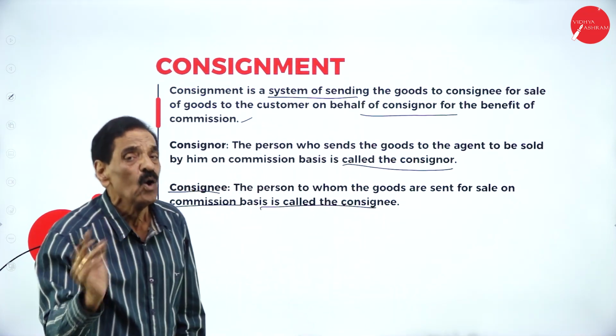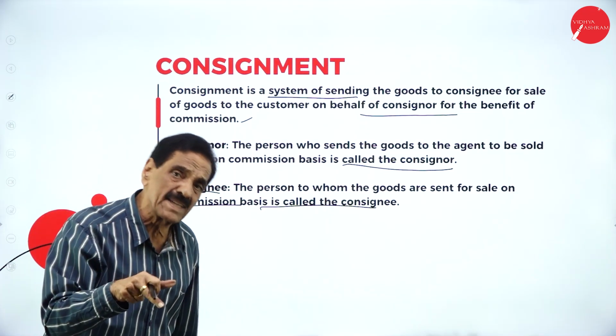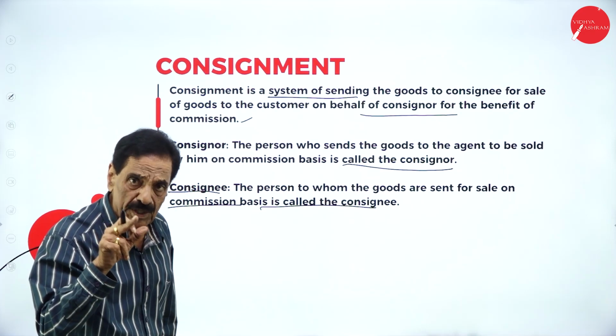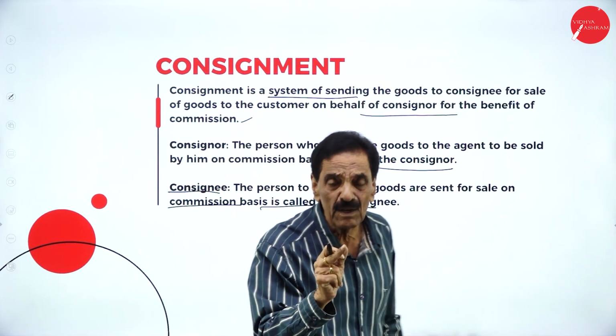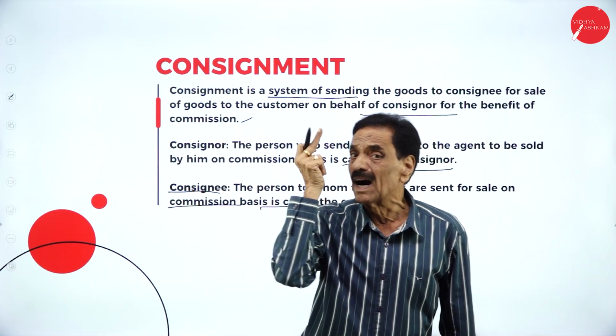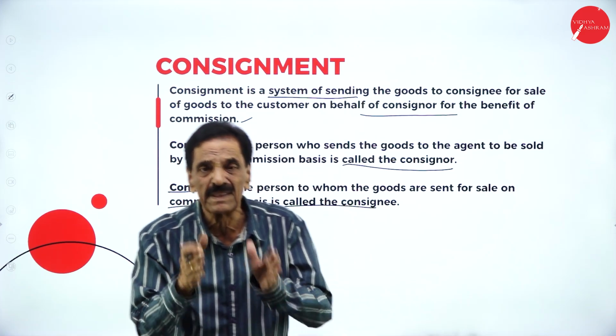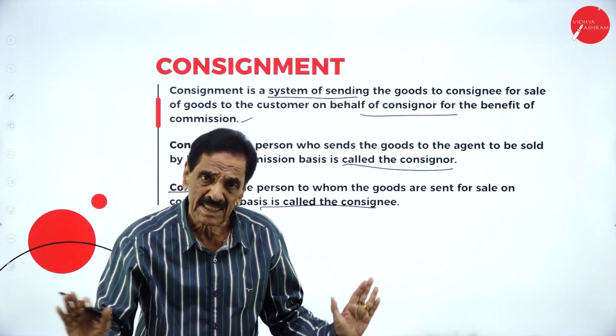Consignee is the agent who will sell the goods on behalf of the consignor at the risk of the consignor for some benefit. That benefit we call as commission.